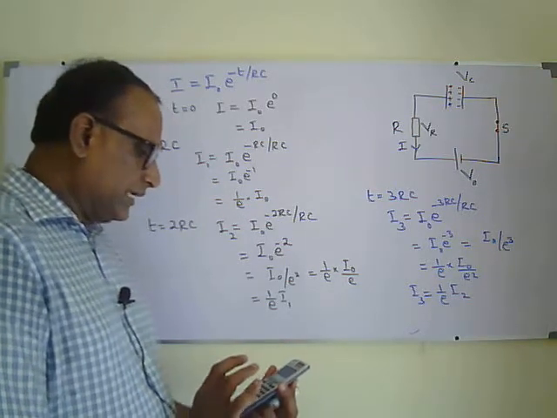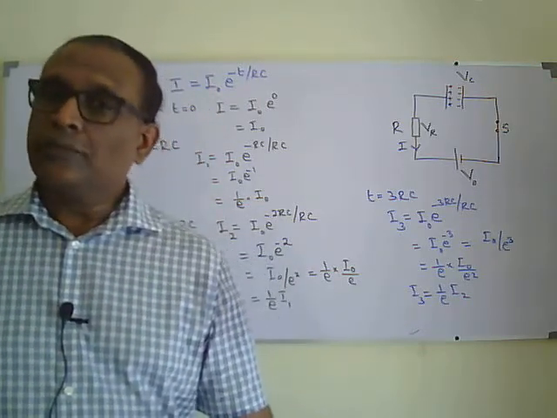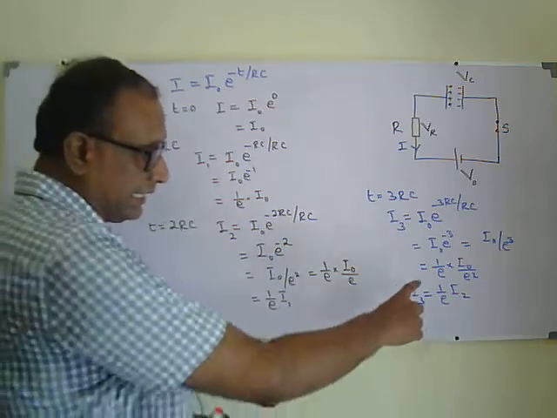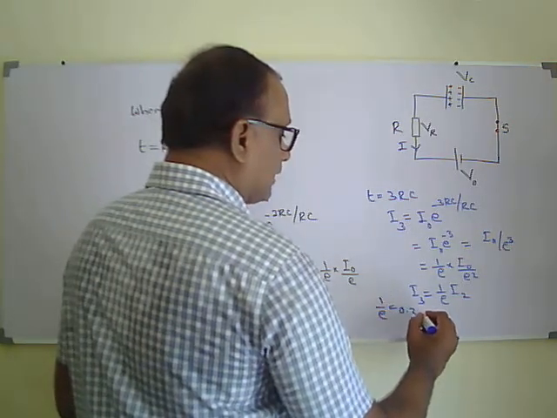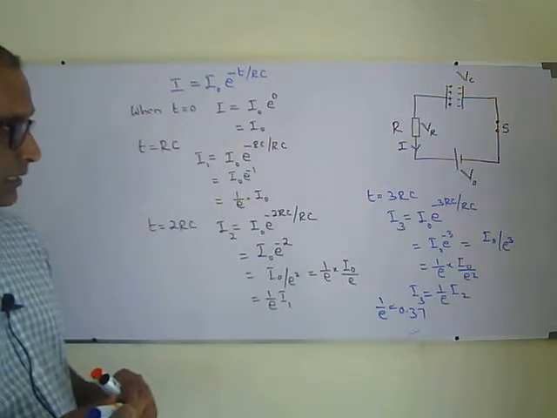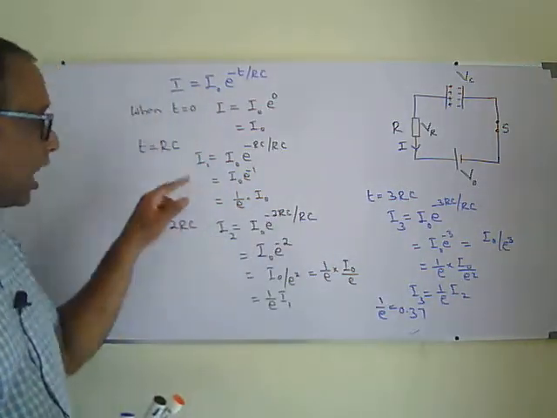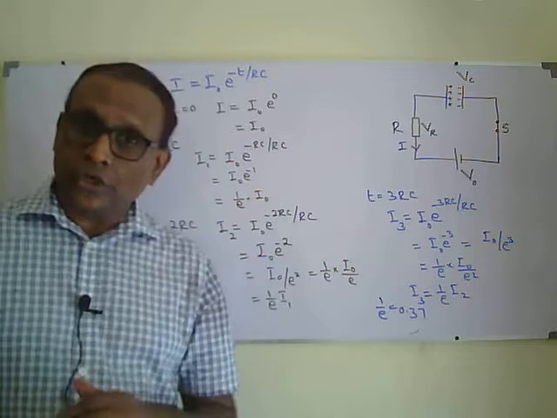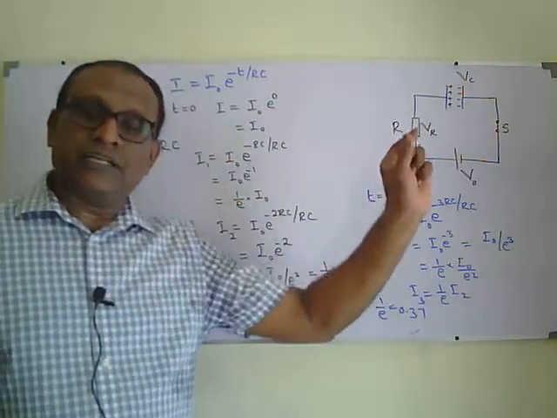You will see that 1 over e is equal to 0.367, that is almost 0.37. So I can say, during every time interval that is equal to RC, the current is dropping to 0.37 fraction of the previous current.